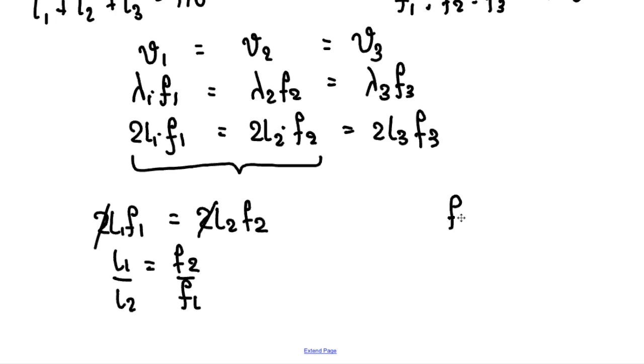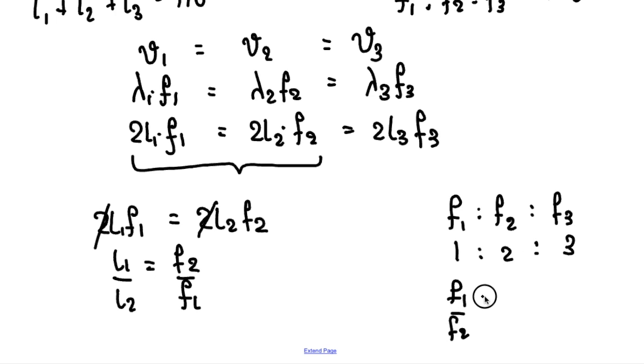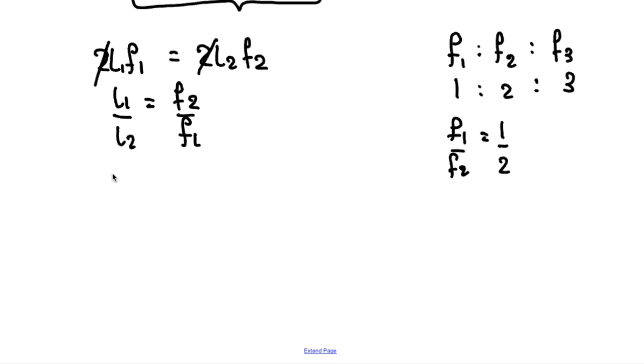But I already have the equation f1 : f2 : f3 is equal to 1 : 2 : 3. So f1 upon f2 is equal to 1 upon 2, or f2 upon f1 is 2 upon 1. So l1 upon l2 is f2 upon f1, that is equal to 2 is to 1.